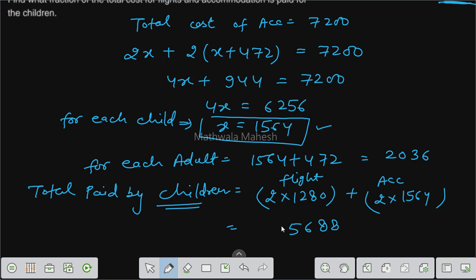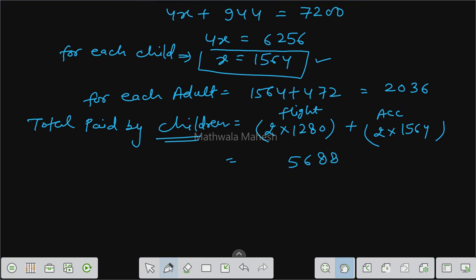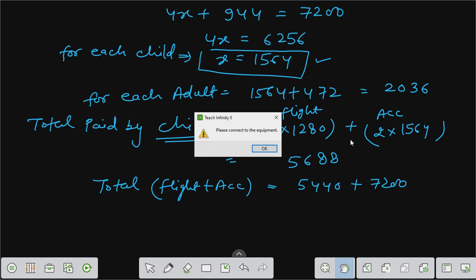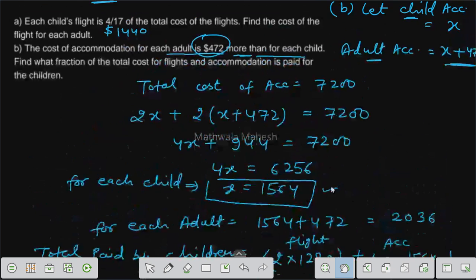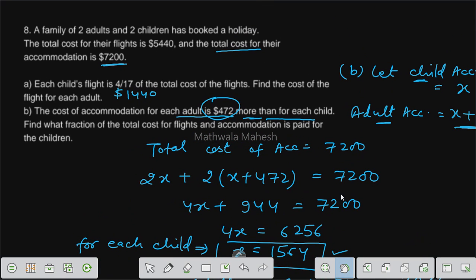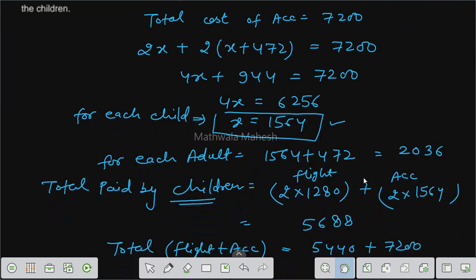Okay, now the total cost, which is flights plus accommodation. This total is 5440 plus 7200, it is given. You can see here 5440 plus 7200. This one is the total cost.